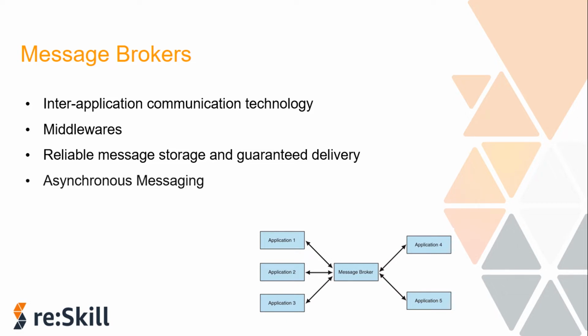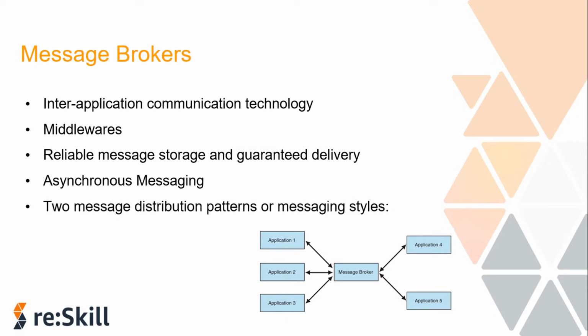Then asynchronous messaging is the driver of message brokers. Since this is asynchronous communication, both entities, the producer and the consumer, do not need to be present together to perform a task. The producer will send the message, which will be stored in the queue, and the consumer will pull the message from the queue and process it. Then the broker routes each message through one of two types of destinations.